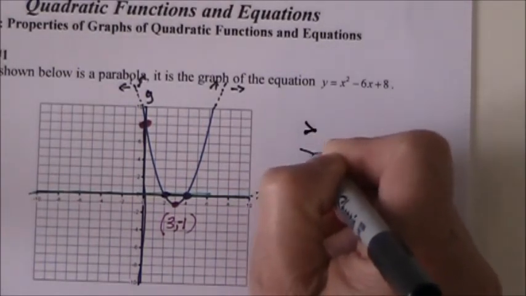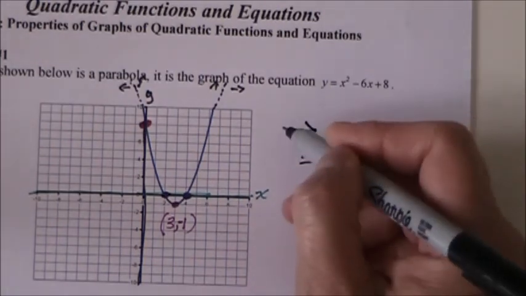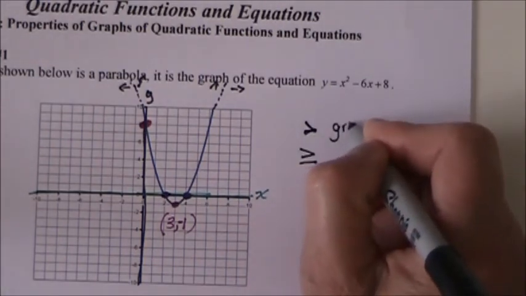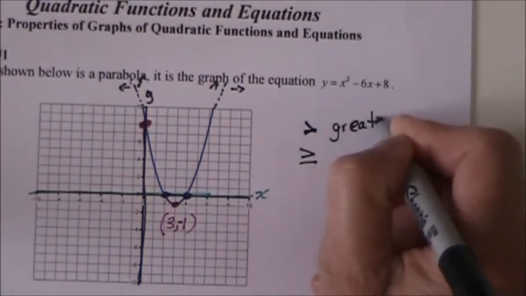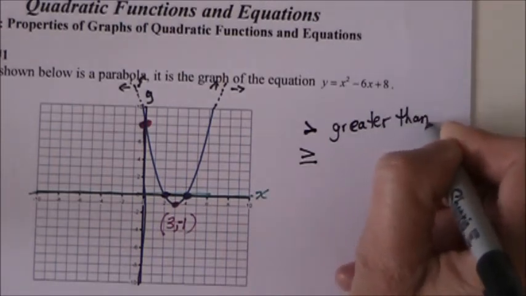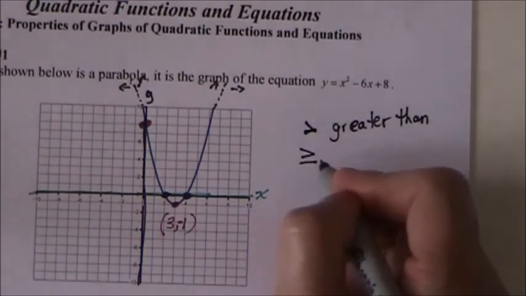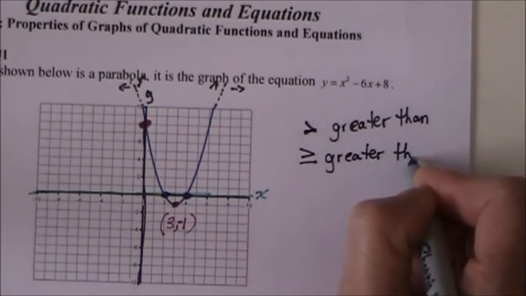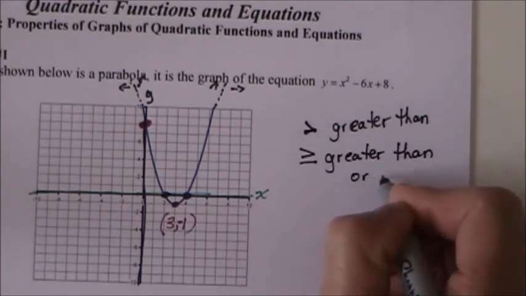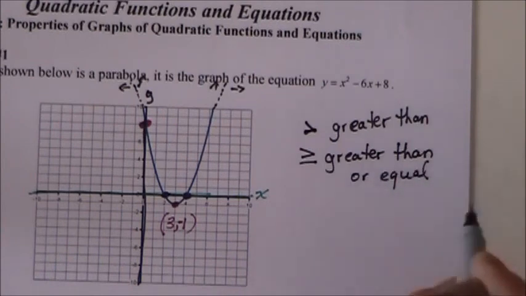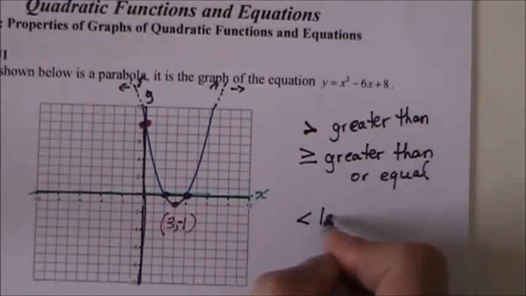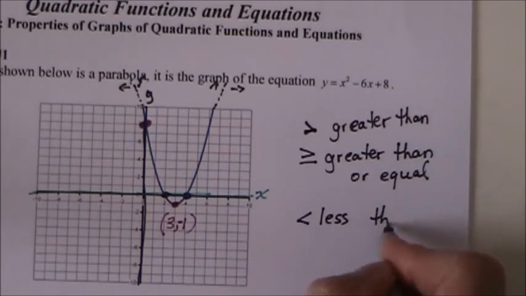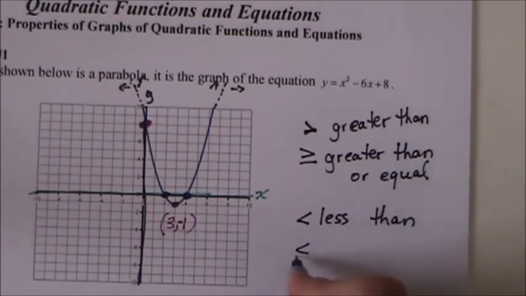So just a reminder on our inequalities. This is our greater than. This is our greater than or equal. This is our less than. This is our less than or equal.